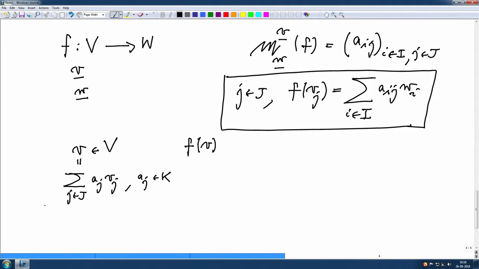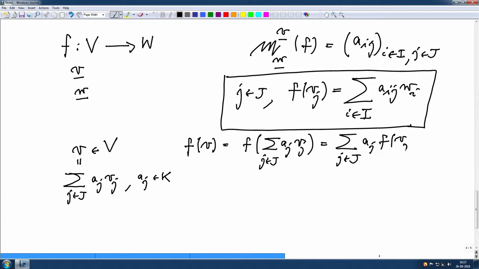Then what I want to compute is f of v. Of course we know, because f is linear, this is f of summation a_j v_j, which is summation over j of a_j times f of v_j, and f of v_j you can substitute from here.